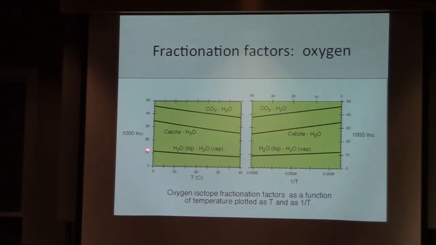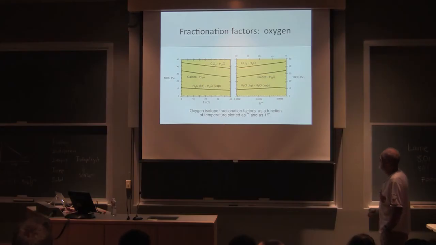And so these are just the isotope differences between liquid and vapor water, calcite water, CO2 water over a 40 degree temperature range, the temperature range of interest in ecology and low temperature geochemistry.